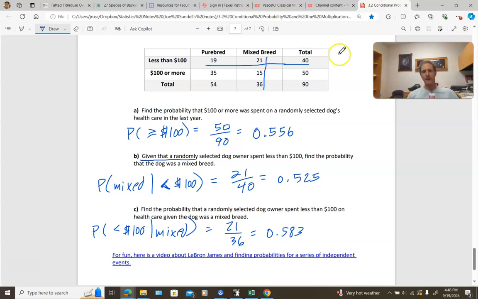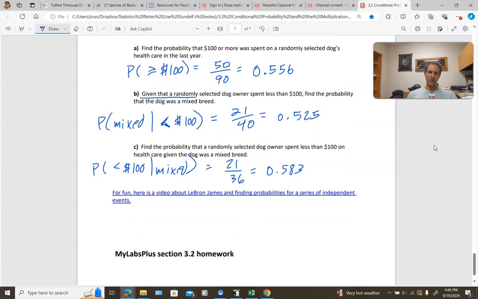All right, so your homework problems, guys, are going to be similar to these. So just refer back to your notes. And also, because your notes are Word files, you should be able to click on this. It's an interesting little video, and it has to do with the probability that LeBron James will make 10 free throws in a row.